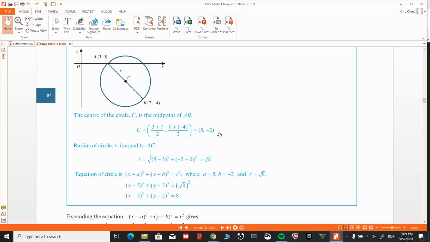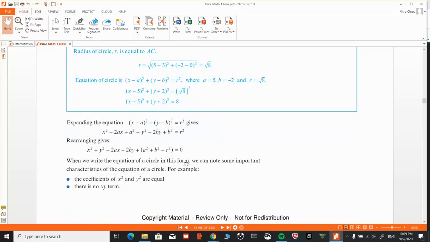You get the radius. And then you can put it in the formula of the circle. Look at the last line: x minus a whole square plus y minus b whole square equals r square. The value of r is √8, so r square is 8. Okay? Acha.